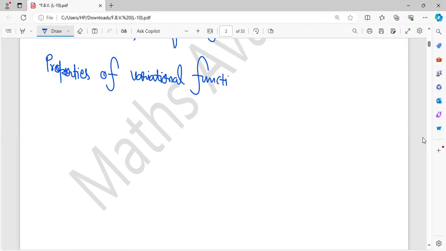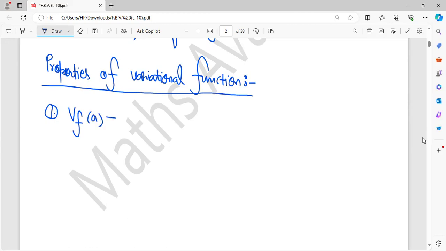First of all, you see that V_f(a), what is this? This is actually 0. Why? First property is this.